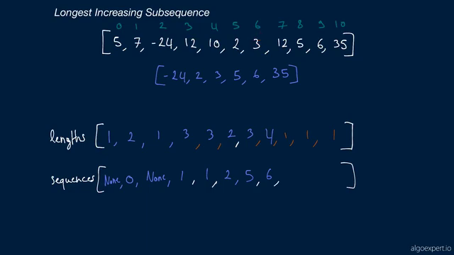Then here at this index, we've got the number that's stored at index 5 that comes before it. At index 5, we've got the number 2. And then here, the number before it is stored at index 2, which is negative 24. And before negative 24, we've got none. So we've got no numbers.